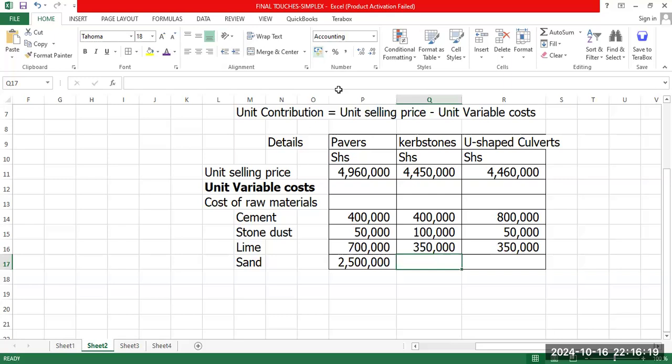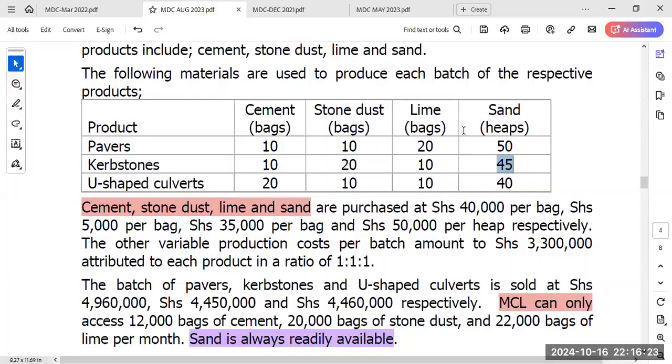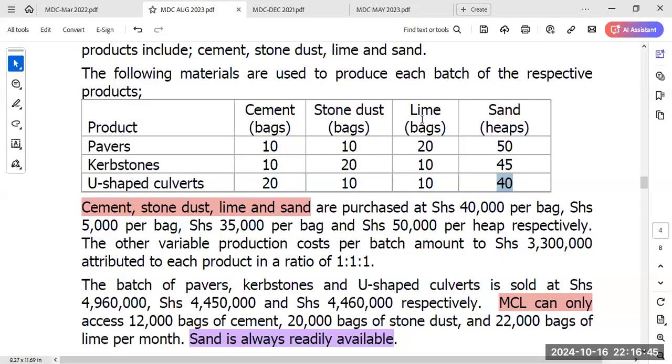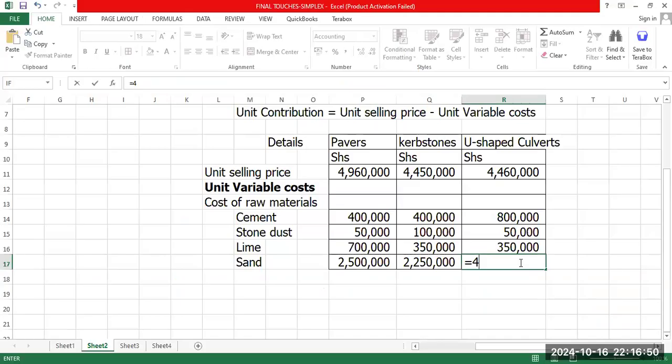Okay, next is what? How many? 45. Here we are getting 45 times 50,000. Then next is what? 40 times 50,000.